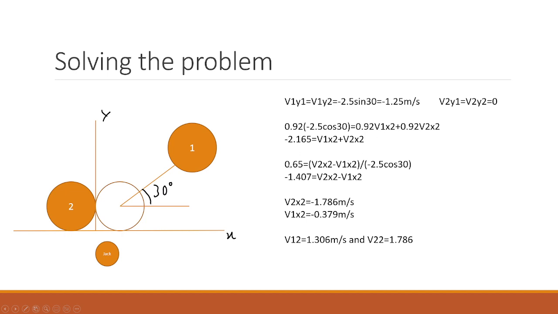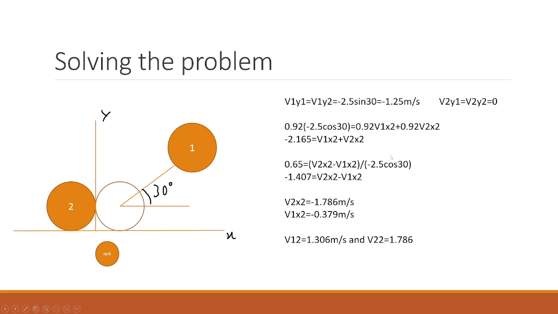And our second equation is the equation of the coefficient of restitution. We will have 0.65 equals the second velocity of the second ball minus the second velocity of the first ball, divided by negative 2.5 cos 30.